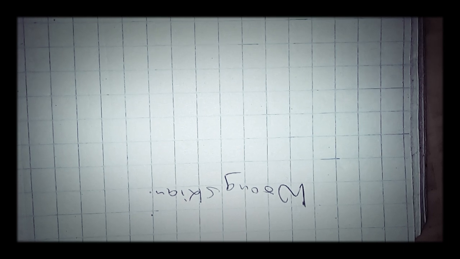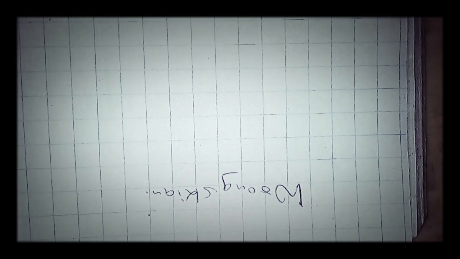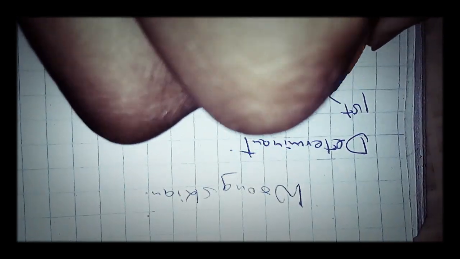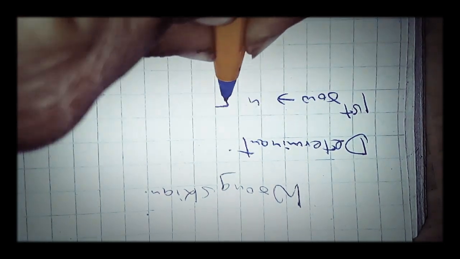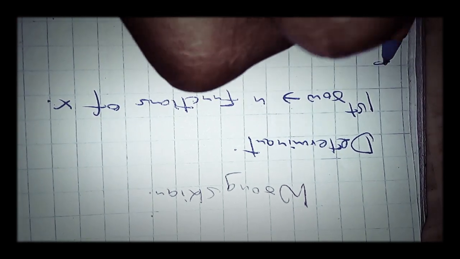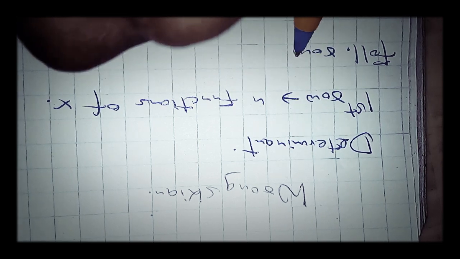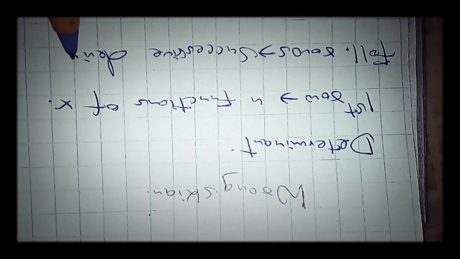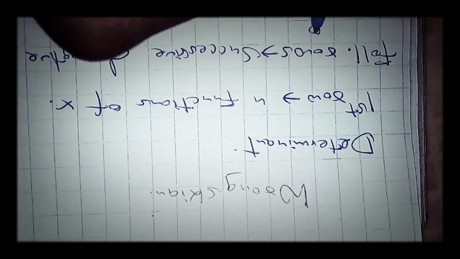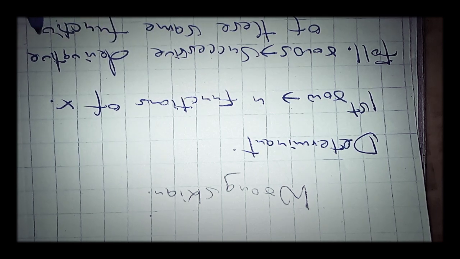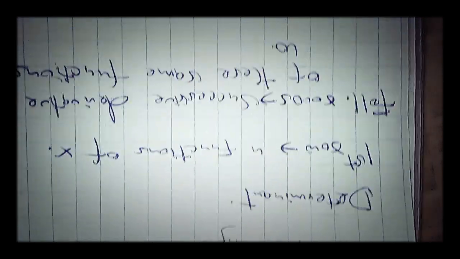And the simplest definition I can give of the Wronskian is that it's a determinant, and in this determinant, the first row contains the n functions of x, and the following rows are the successive derivatives of the same functions with respect to x.